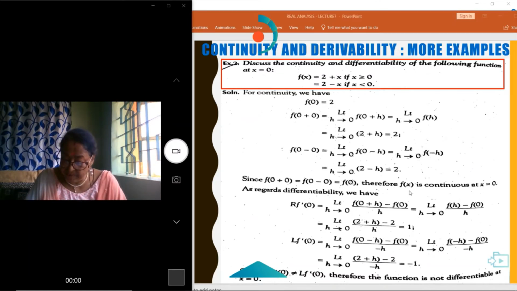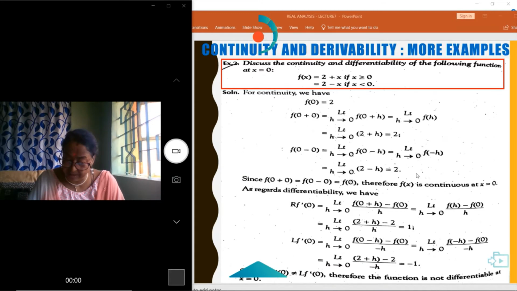Now, for the differentiability, right hand side, (f(0+h) - f(0))/h. So we write limit h tends to 0 of (f(h) - f(0))/h, where h is greater than 0. So take the first function, that is 2 + h, and then calculating we get the right hand limit equal to 1.